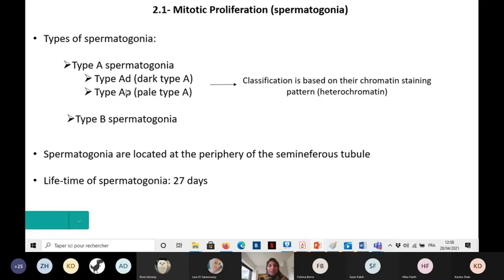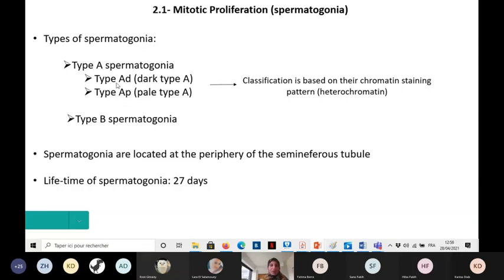The type AP spermatogonia have chromatin that is more diffuse inside the nucleus, a less condensed chromatin than the AD type, and this will give a paler color to their nucleus. So that's why they call them AD and AP.